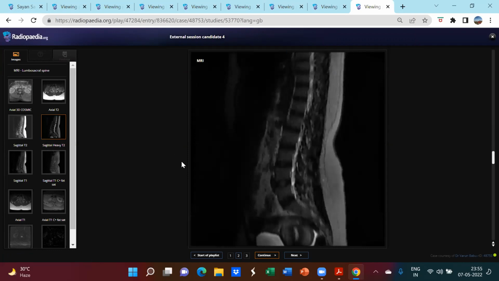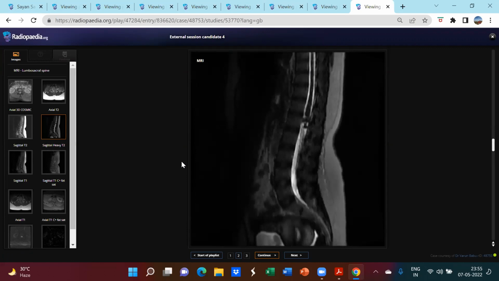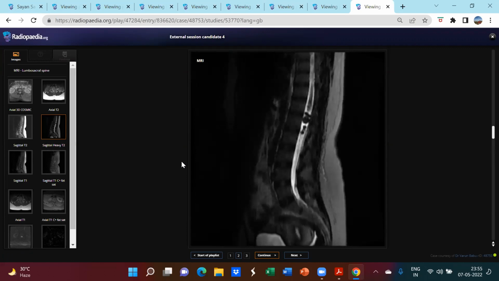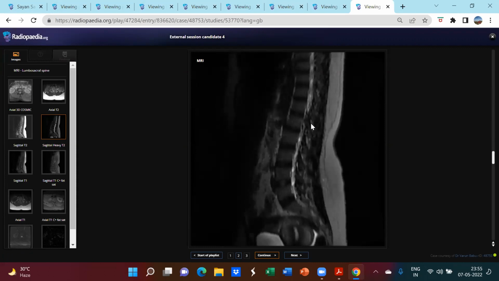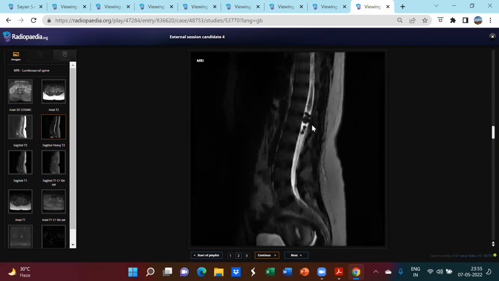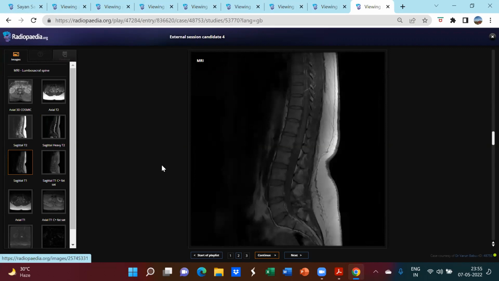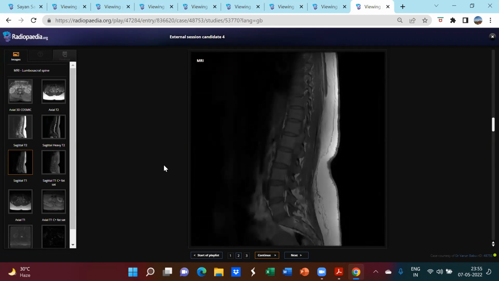So looking at the T2 weighted images, all right. So there is this T2 hypointense lesion abutting the cauda equina at the T12-L1 level. It has a low signal on T2 weighted images. On T1 images, it is isointense to the cord parenchyma.